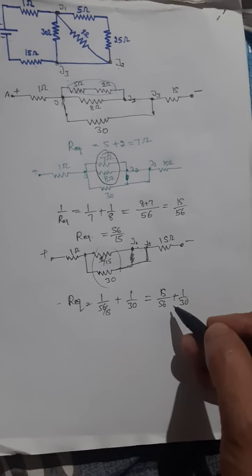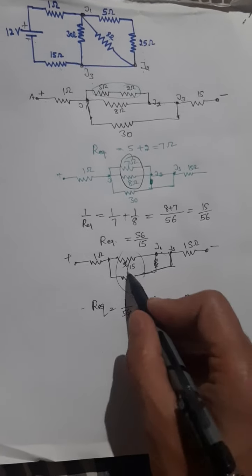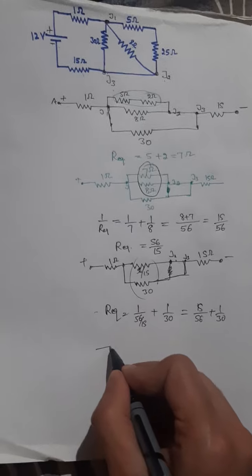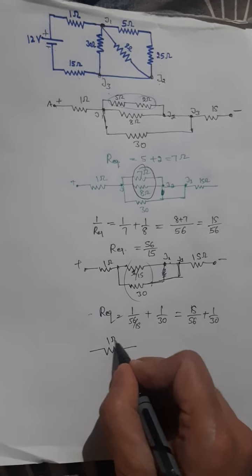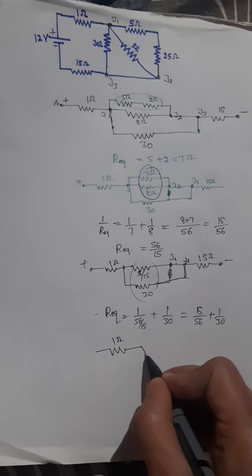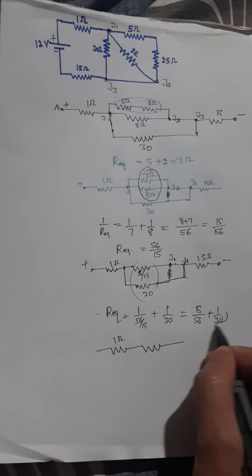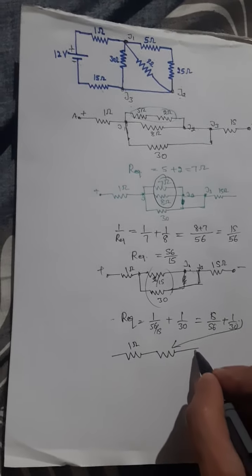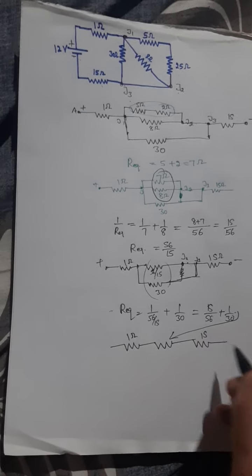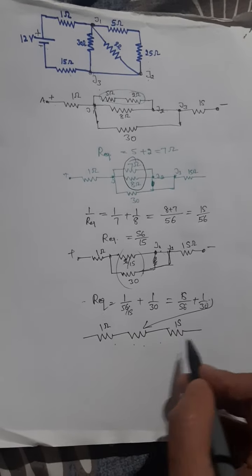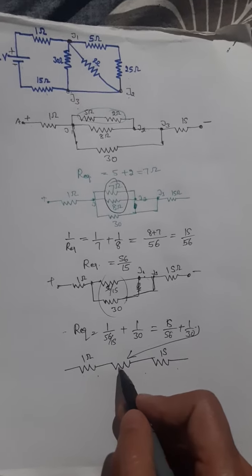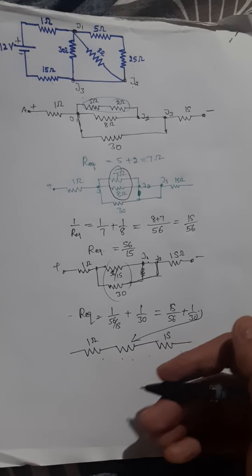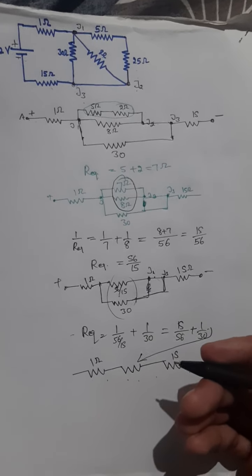You can solve this by LCM. After solving this LCM, this becomes the equivalent resistance. Put the value here: 1 ohm, equivalent resistance, and lastly 15 ohm. These three resistances will be in series. So this will be our answer. Thank you.